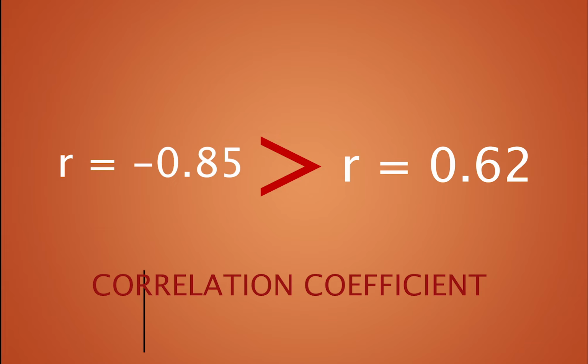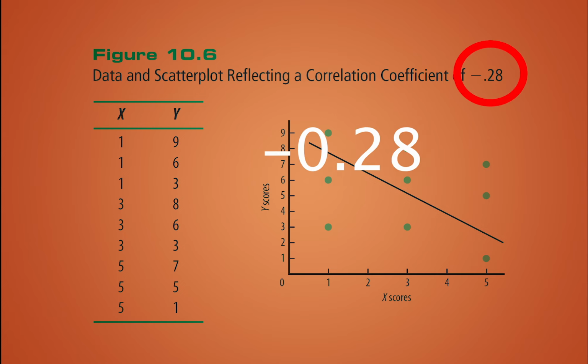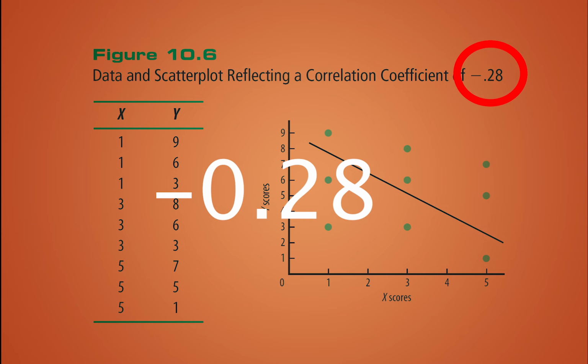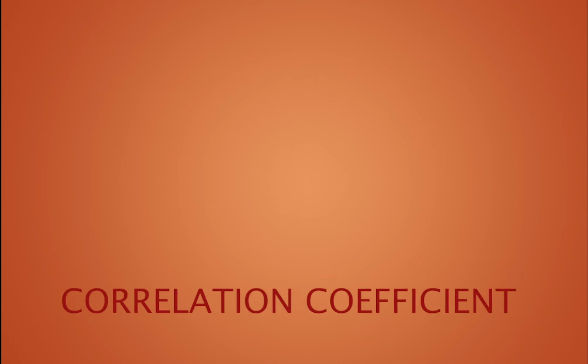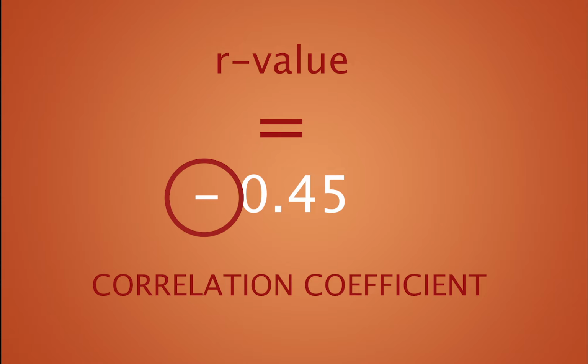Even though this one is negative, that just tells you that it's a decreasing scatter plot, but 0.85 is stronger than 0.62. So remember that the negative tells you the direction of the scatter plot, and the number from 0 to 1 or 0 to -1 tells you the strength of the correlation. So the correlation coefficient, which is your R value, tells you the strength, but it also tells you the type: is it positive or negative.